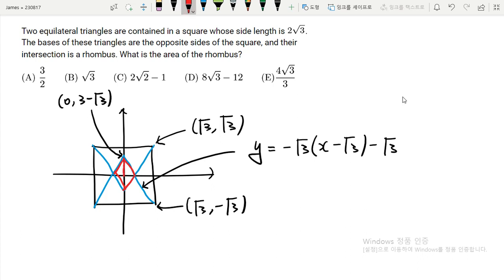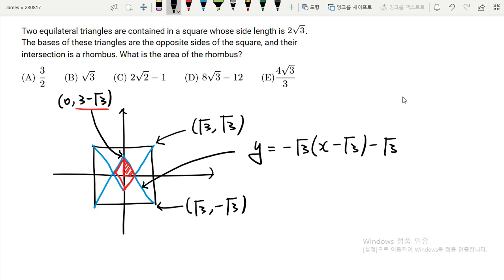To find the area of the rhombus, we can find the area of this triangle and multiply by 4. So the height of this triangle is this, and because this is a special right triangle, the base of this triangle is the height divided by square root of 3.